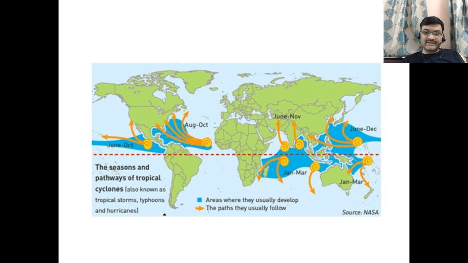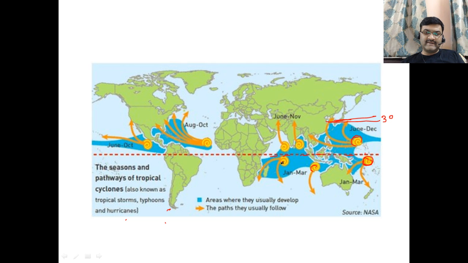See, this is the area where the cyclone usually develops. The maximum extent of formation of the cyclone is here, around 30 degrees. On the equator we are not showing much cyclone. Cyclones form in the South China Sea, in the northeastern and northwestern regions of Australia.